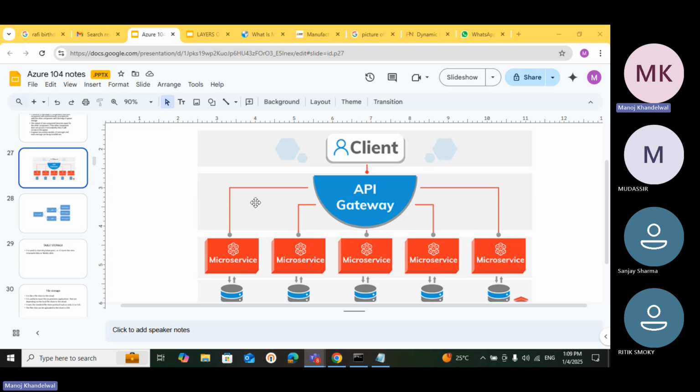Instead of using virtual machines, we use something called a container. Container contains only the application settings and application dependencies. Each of these microservices works in a particular container, instead of virtual machines.